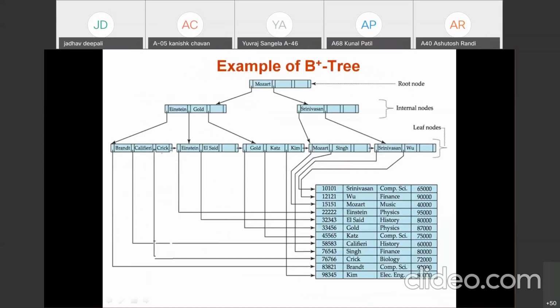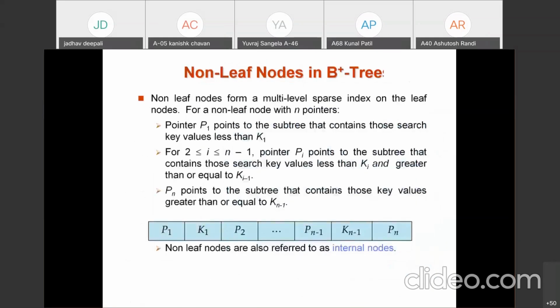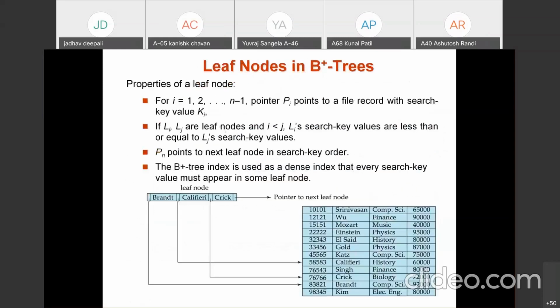This means all the search key values in the leaf nodes are in increasing order, whether alphabetical or numerical. So all the search key values in the previous leaf node are always less than all the search key values in the next, and the last pointer points to the next leaf node in search key order.